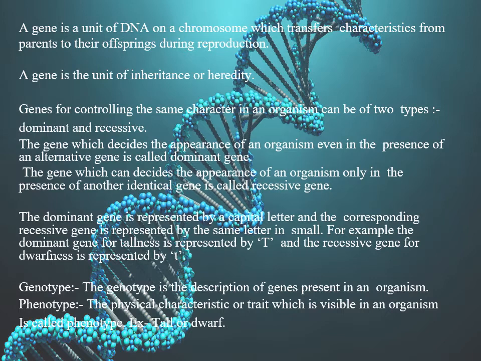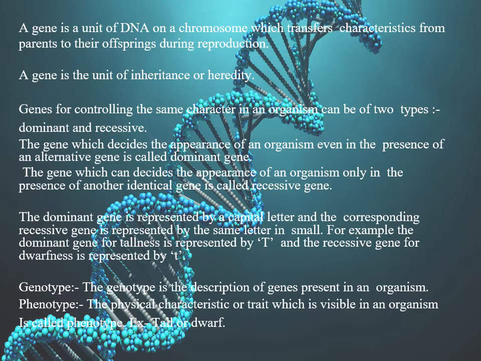The next two terms that I want you all to know, which we'll come across when we see heredity and evolution, are genotype and phenotype. Gene, genotype, physical nature, phenotype. Genotype is the description of the genes present in an organism.